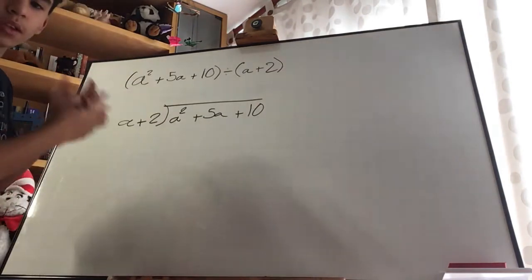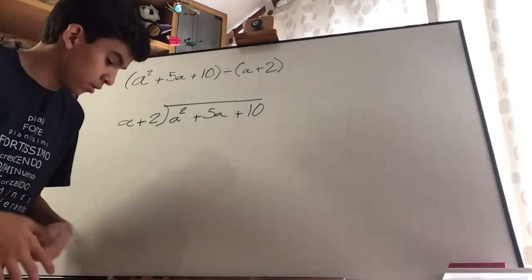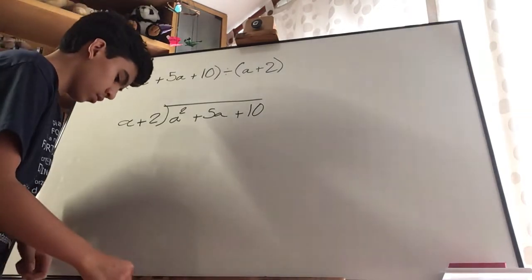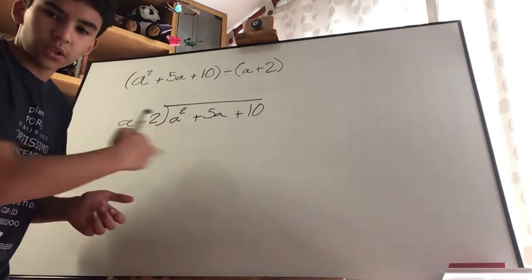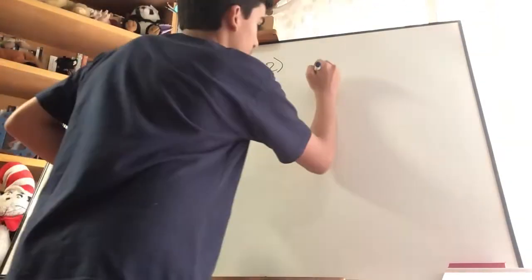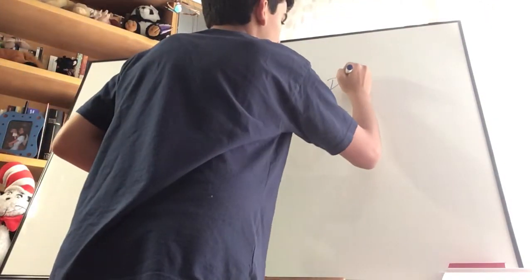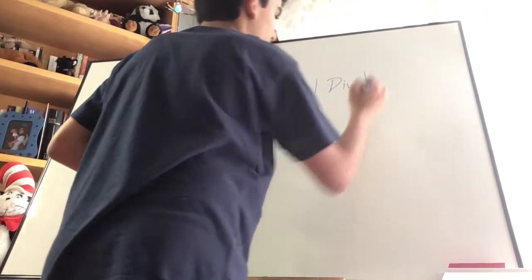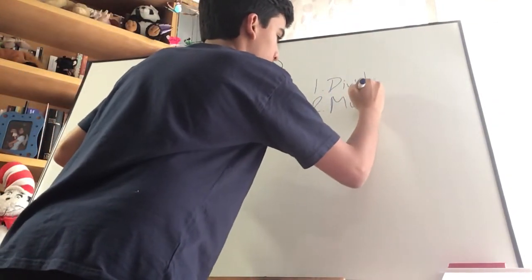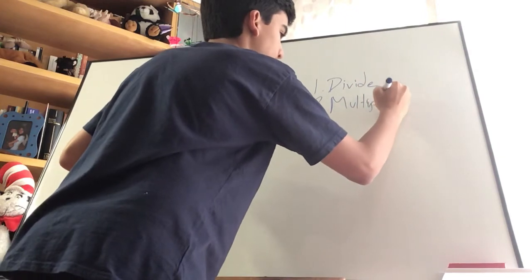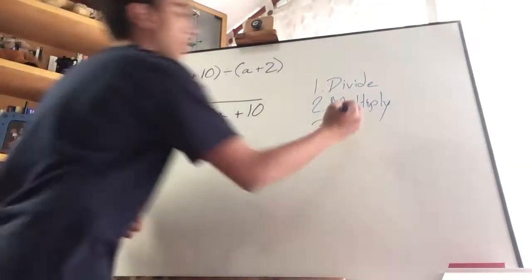Now that we have done it in this way, we can progress with the second part of our exercise. There are 4 basic steps in long division. The first one is divide. The second one is multiply, and the third one is subtract.